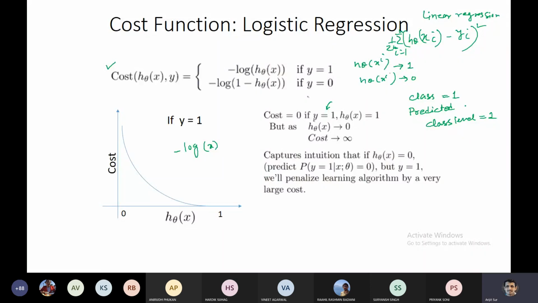And if this happens, then the loss or cost, whatever you say, is close to 0.